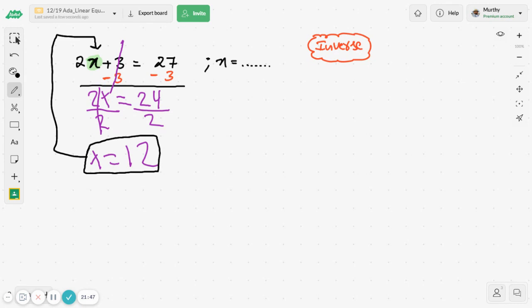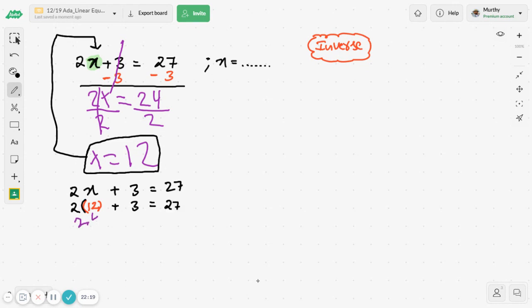What you said verbally, I would like to see in working, like 2x plus 3 equals 27. This is what the given question is. So in the place of x, you plug in 12, and then the rest of the things, what you said, that is correct. So let me write the rest of the values as they are.